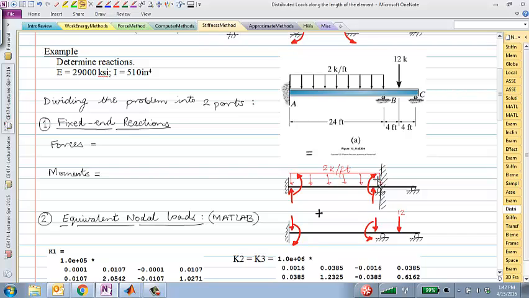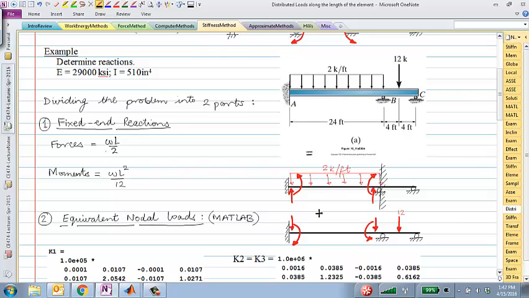So I know that these two fixed end moments are WL square over 12. I'll write that here, WL square over 12. And what would be these two reaction forces? Half and half, right? It's symmetric, so just take the total load, divide by 2. So WL over 2. Those would be the reaction forces.